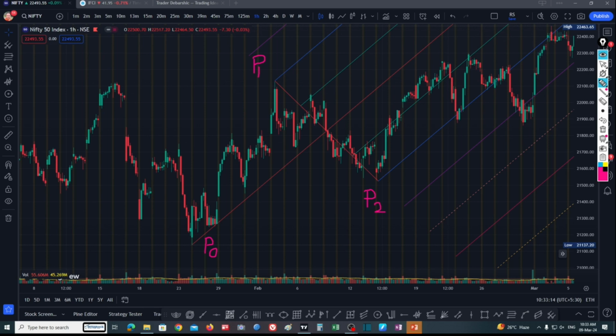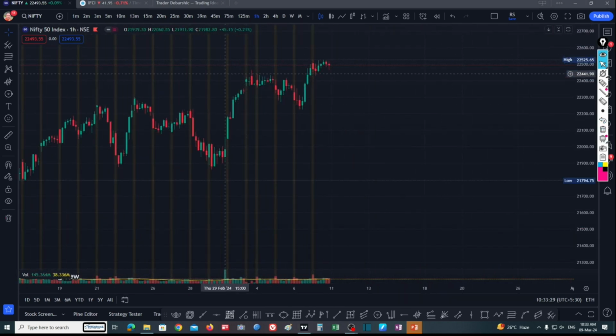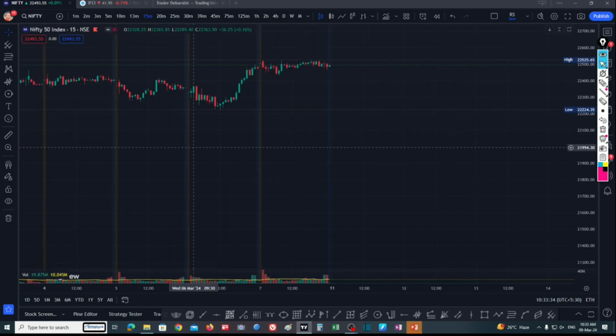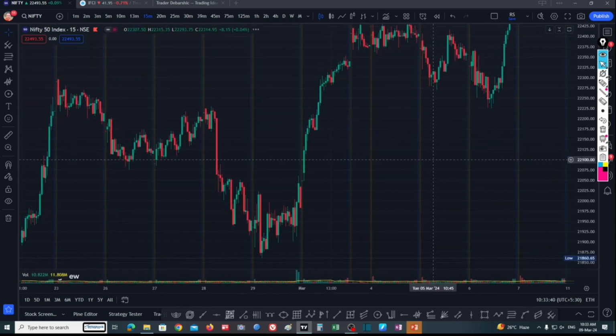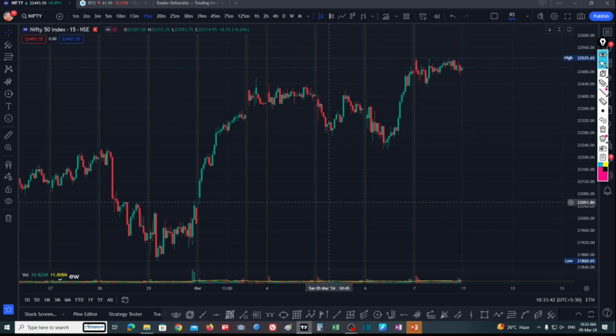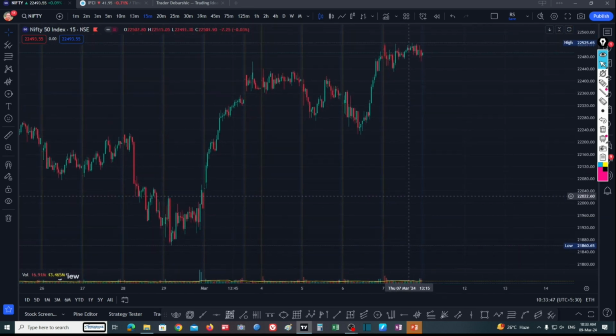And for intraday use, we can also go to intraday pattern. Suppose we take 15 minutes. But we have to find out the significant point, high and low, to select as a pivot.